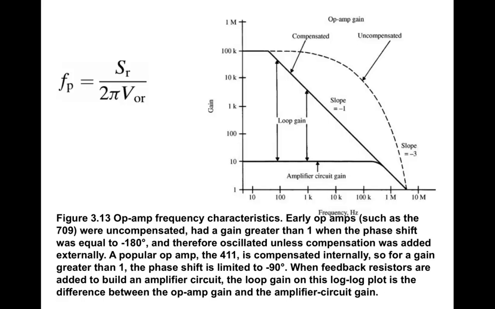So here's an example of frequency characteristics of op amps. So what you want to look at here is your op amp characteristics, and what this figure is trying to illustrate is that you can either get a lot of gain or you can get a lot of bandwidth, but you really can't get both. And so there's this thing called the gain bandwidth product.